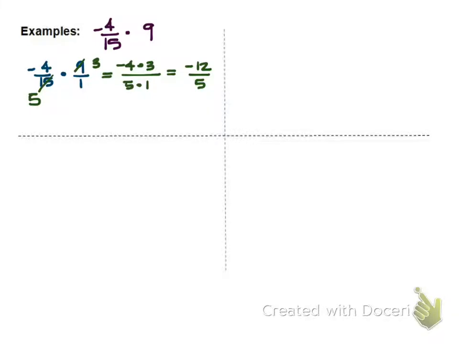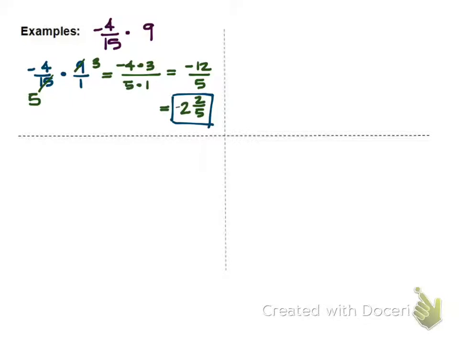Now, I know that my mixed number is going to be negative, and I'm going to ask myself, does 5 have an opportunity to go into 12 evenly? And in fact, it does 2 separate times. So I'm going to have a mixed number of -2 with a remainder of 2 over 5.